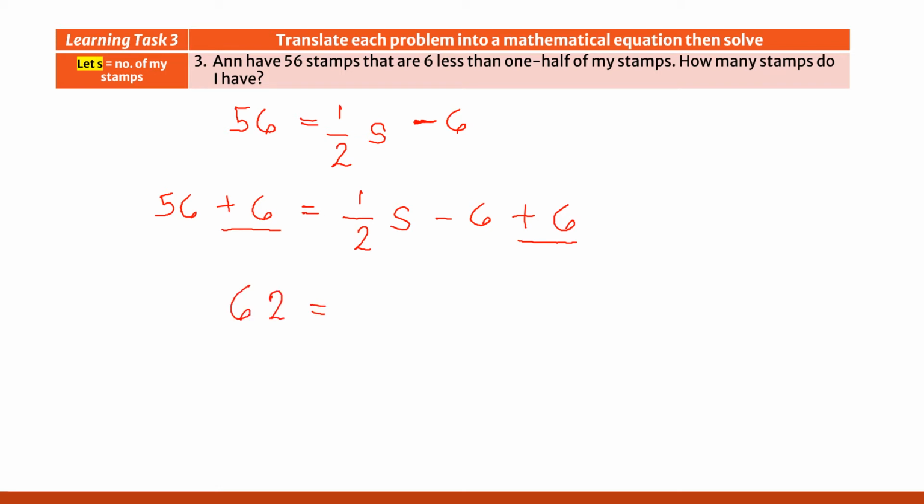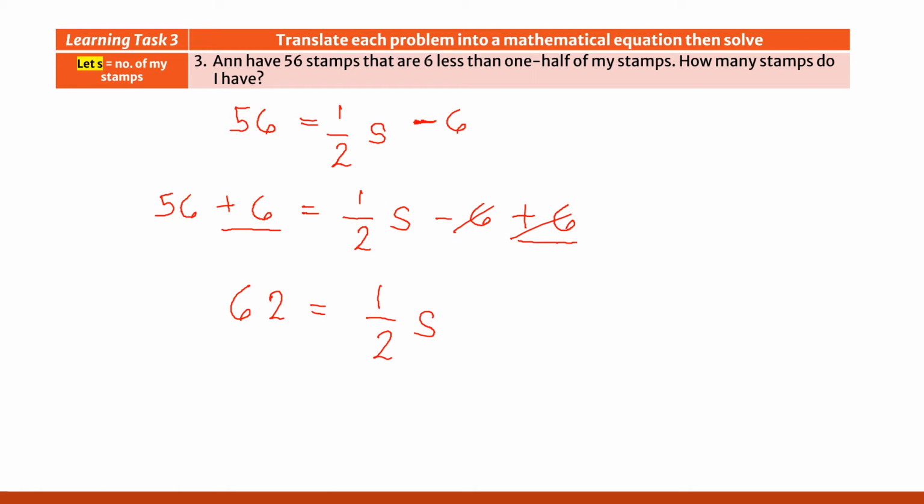Okay? Equals what? Ay, di kopyahin natin 1/2 S. Okay? Then, minus 6 plus 6 cancel. Then, our new equation ay 62 equals 1/2 S. If you look at the numerical coefficient of S, fraction, di ba?